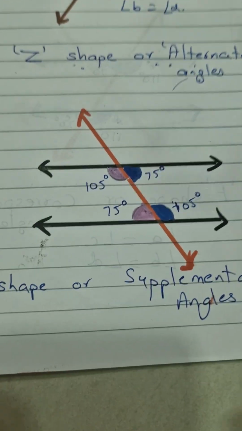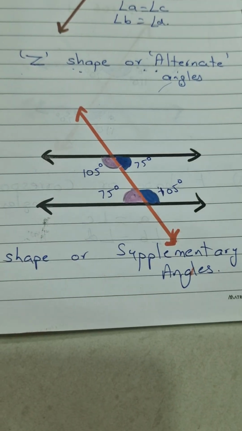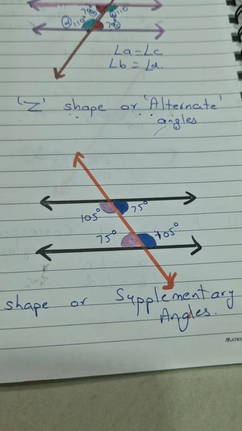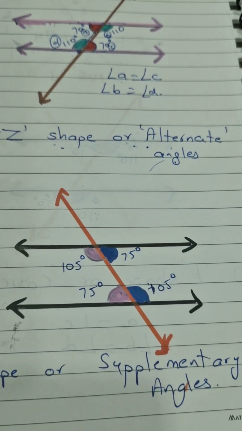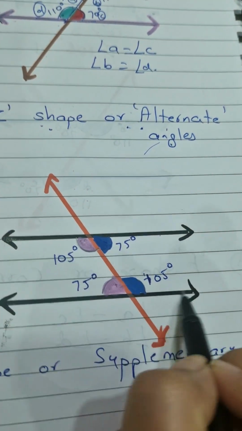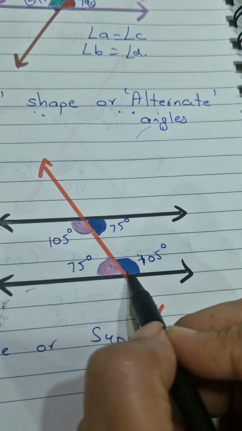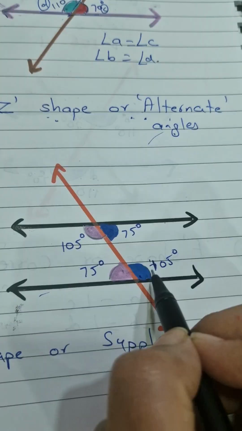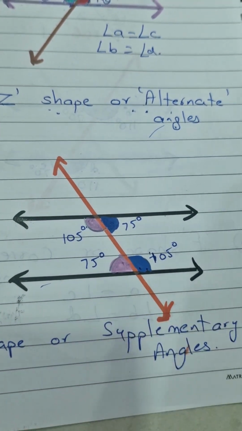Okay, now the last one is C-shape angles, or we can say supplementary angles. Now again I'm repeating, supplementary angles are those angles which are equal to 180 degrees. You see the C shape is forming here. So this angle plus this angle gives you 180. This angle plus this angle gives you 180.